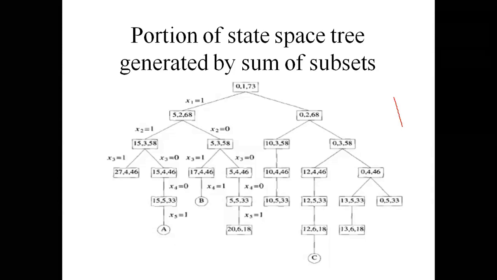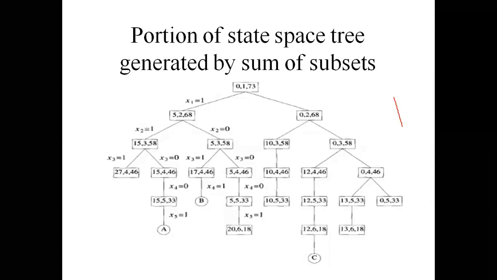See the state space tree for these values. The rectangular nodes list the values of S, K, and R on each of the calls to the sum of subsets algorithm. The circular nodes represent the points at which the subsets with sum M are printed out.